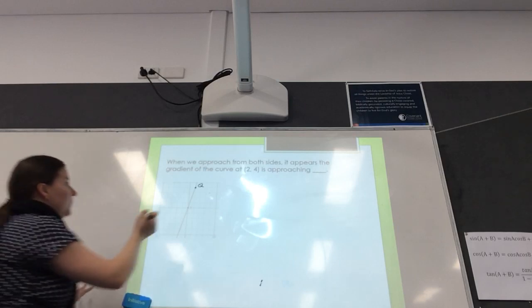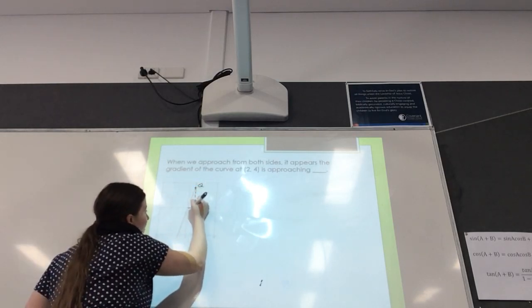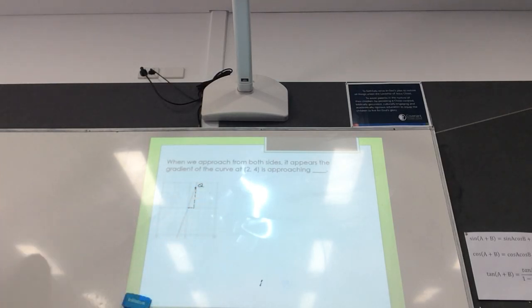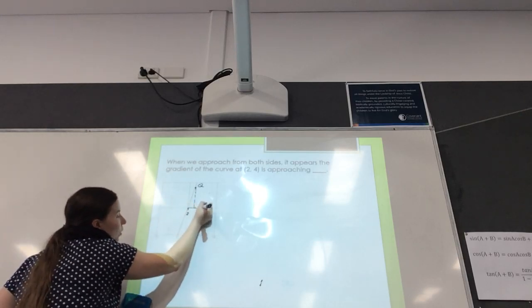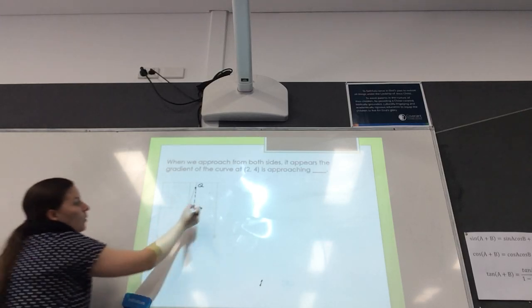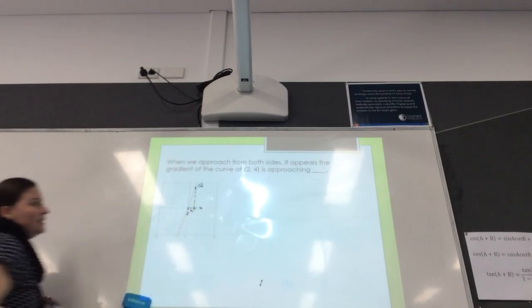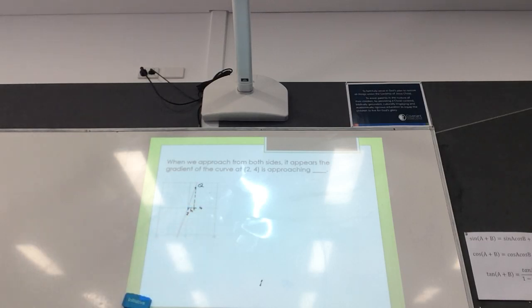Remember that the gradient is rise over run. Now, I'm focusing on the point 2, 4, right? We've called our distance that we move across, our run, h.